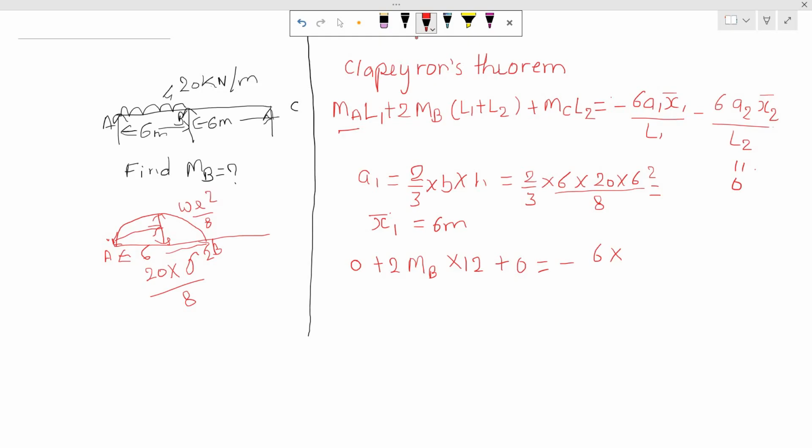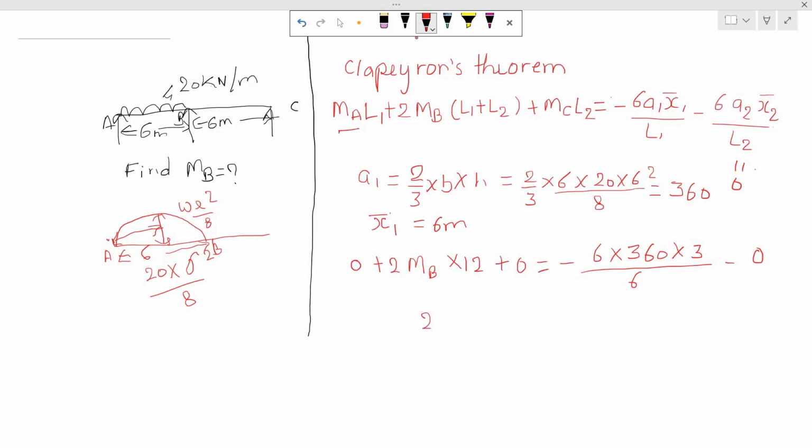So 6 A1 is 360 into x1 bar. X1 bar is 6 divided by 2, so this will become 3 divided by L1. L1 is 6, minus, as this value is 0, it will become 0, right?